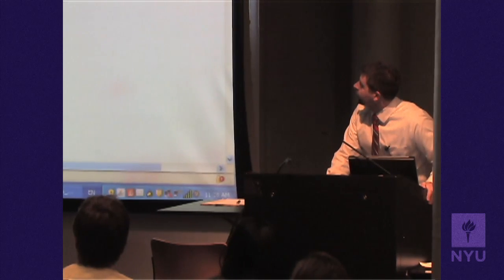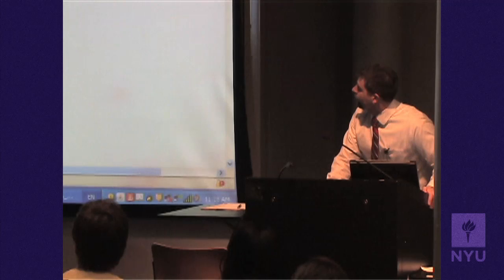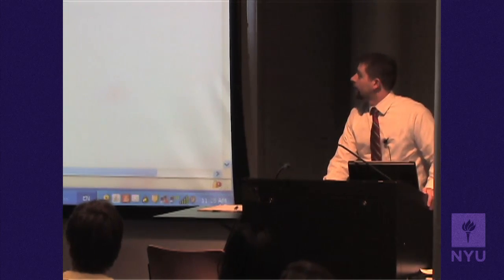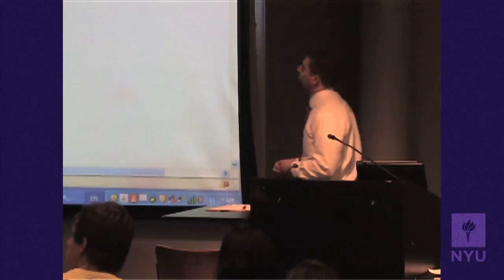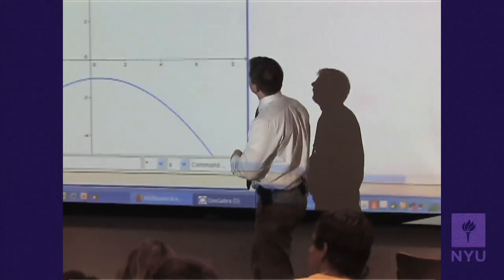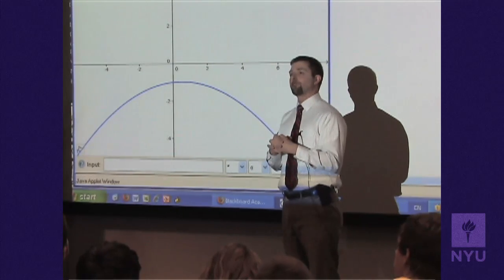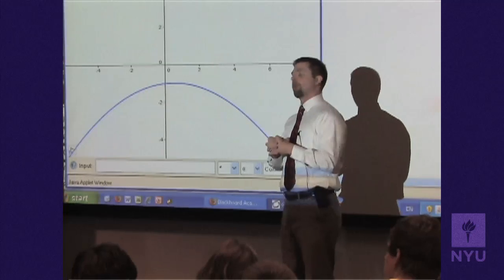So if I change this a here, you see that the parabola changes from opening upwards to opening downwards. Okay? A positive a is going to have a graph that opens upwards. A negative a is going to have a graph that opens downwards. The reason for that is that the larger x gets, the more important x squared is compared to smaller order terms like just x or constants.